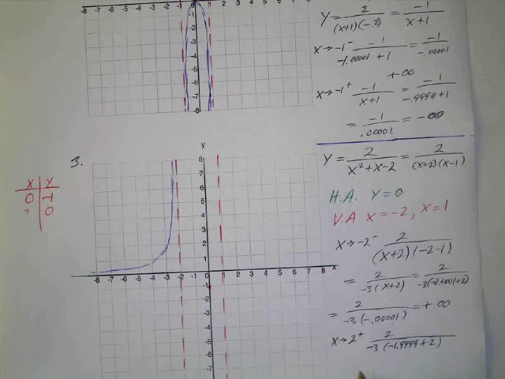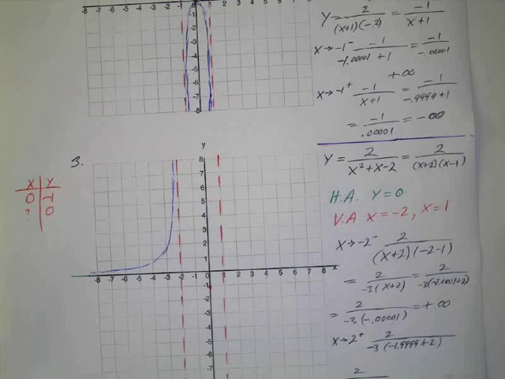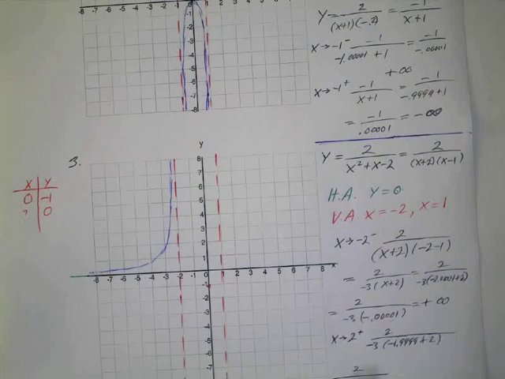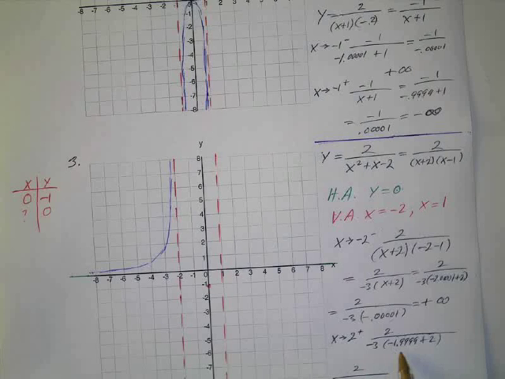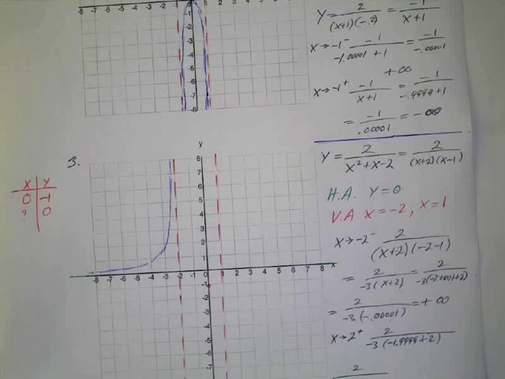So that's going to be 2 divided by negative 3 times, and this is going to be a positive. 2 minus 1.9999 is just going to be positive 0.00001. So this again is going to be 2 over something very small, which would be infinity, and the sign will be negative. So it's going to be negative infinity.